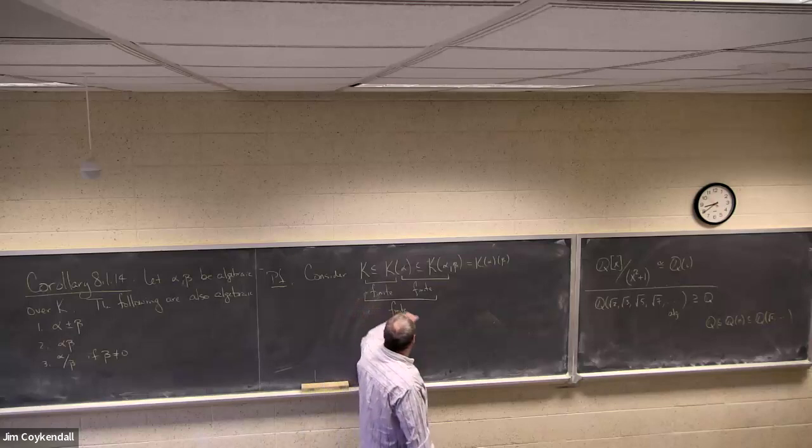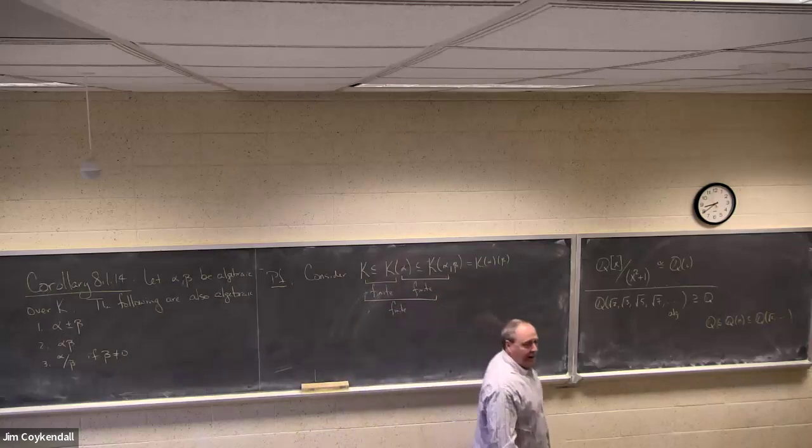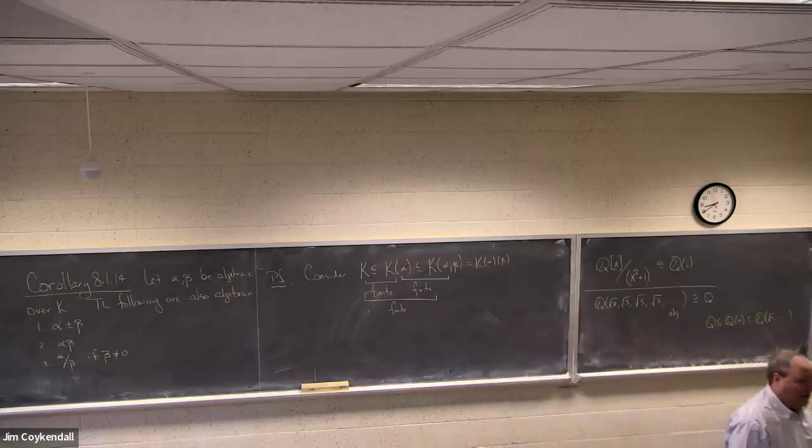And so if alpha's polynomial has degree n and beta's polynomial has degree m, then what I can conclude is that the field extension is of degree n times m or less.